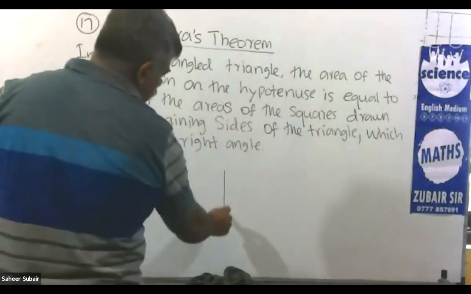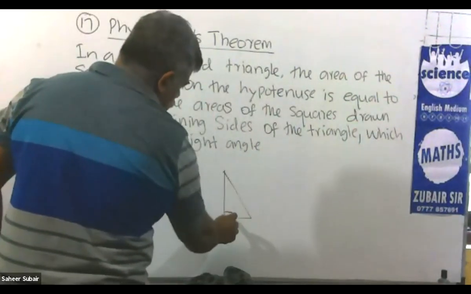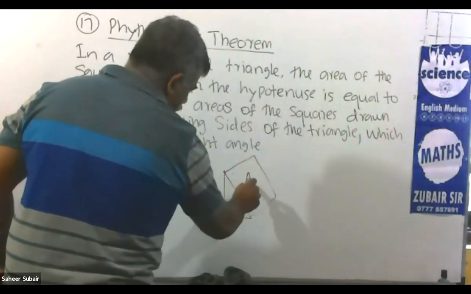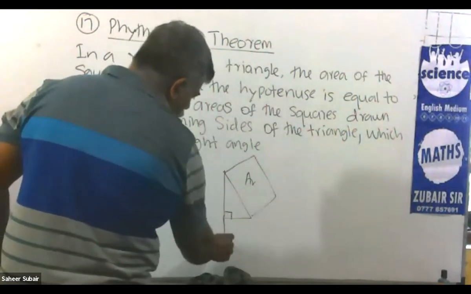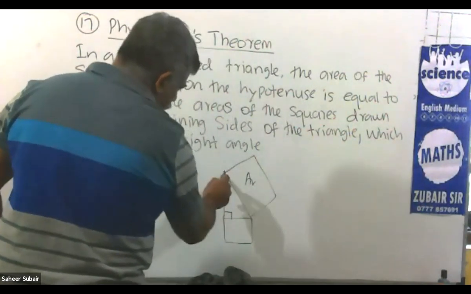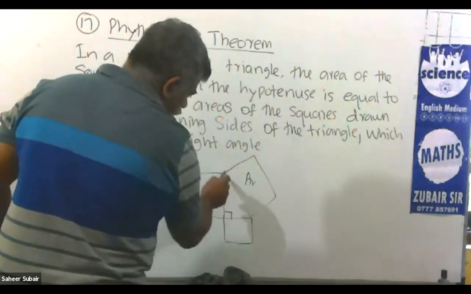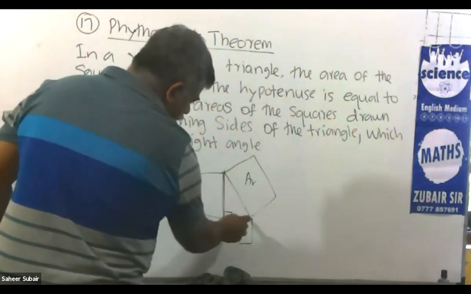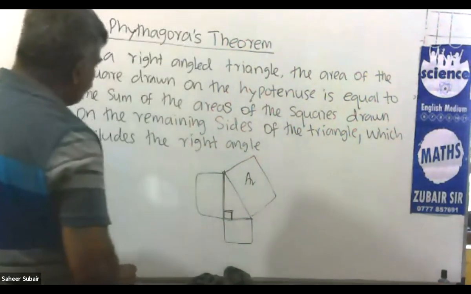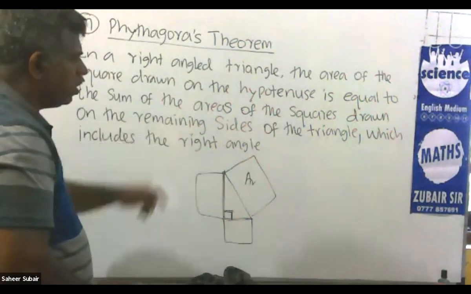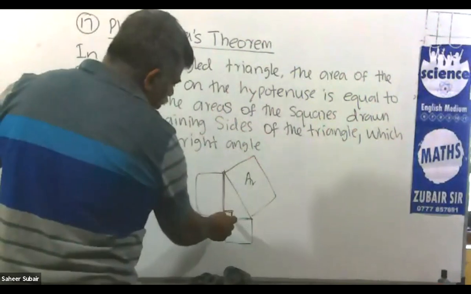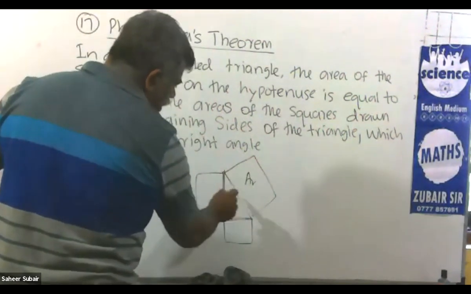That means he says the area of the square found on this side is equal to the area of the two squares made by the other two sides. That means the other two sides of this right angle. That's what 'on the remaining sides of the triangle, which includes the right angle' means: these two sides include the right angle.